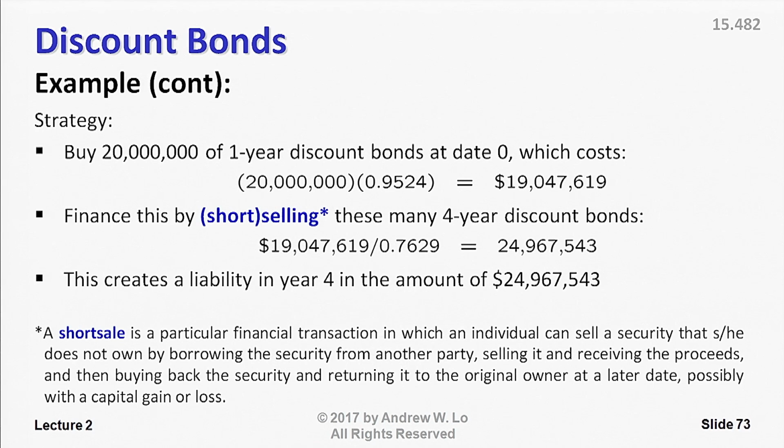So here's the strategy. Let's assume that these bonds have a $1 face value. They're very small bonds. Then I'm going to ask you today to buy 20 million 1-year bonds at date 0. They mature in a year and they pay $1 each bond. I want you to buy 20 million of those right now.